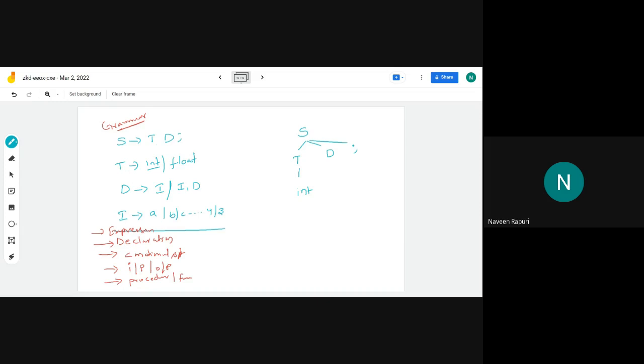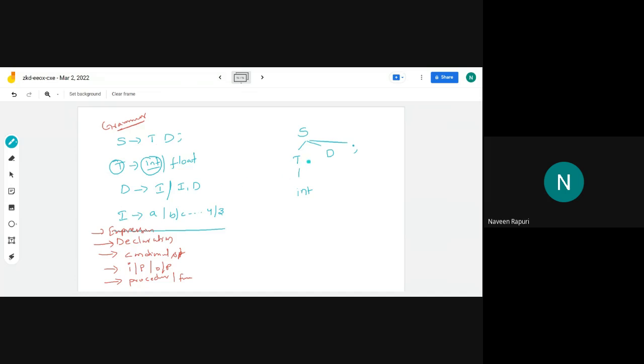T is the non-terminal and int is the sentential form, or handle. I will explain what a sentential form and a handle are, and how to reduce the handle, don't worry. Here you just see how to identify the statement by drawing the parse tree.